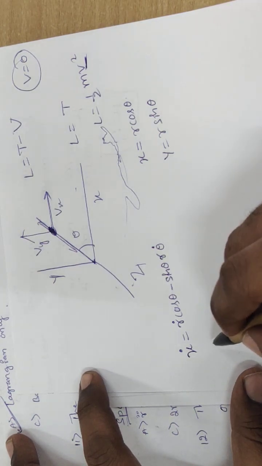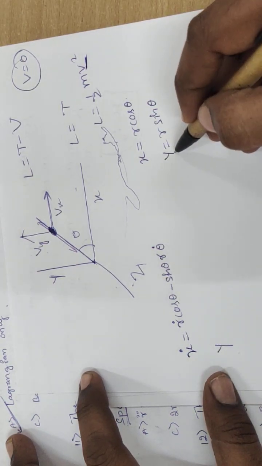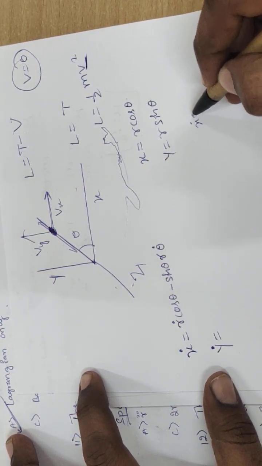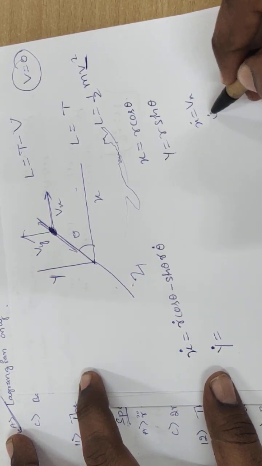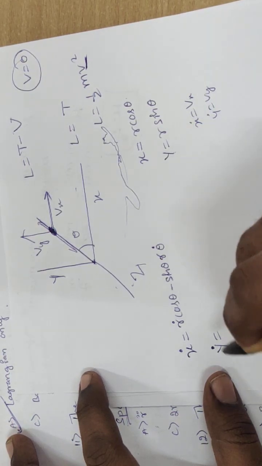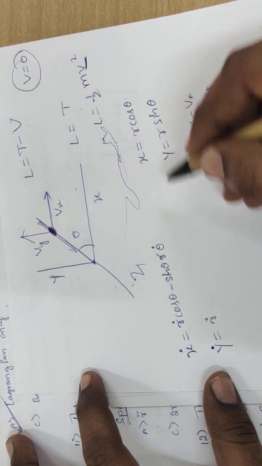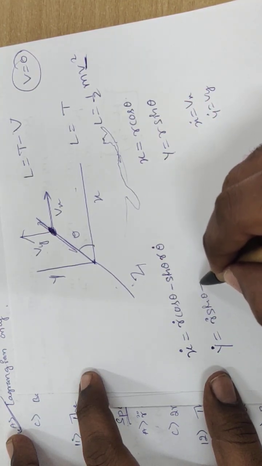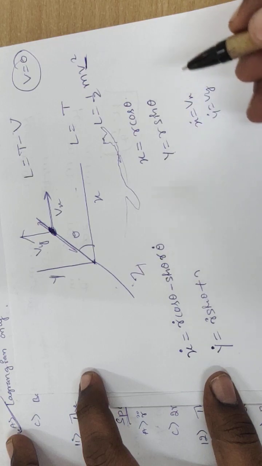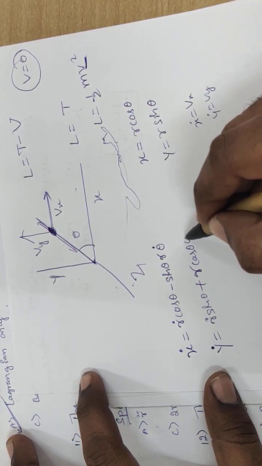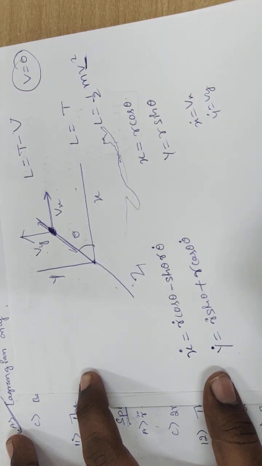Now let us differentiate y with respect to t. x dot is nothing but vx and y dot is nothing but vy. So y dot is equal to r dot sin theta plus r into the differentiation of sin theta, which is cos theta, into theta dot.